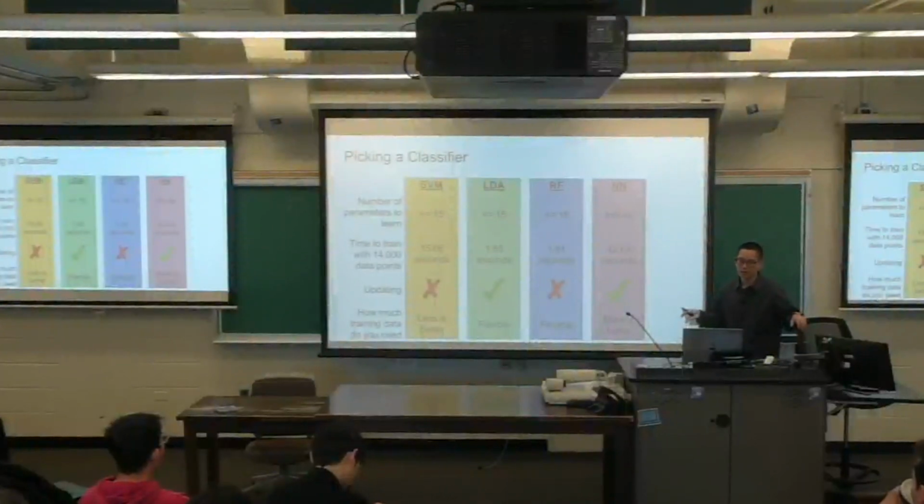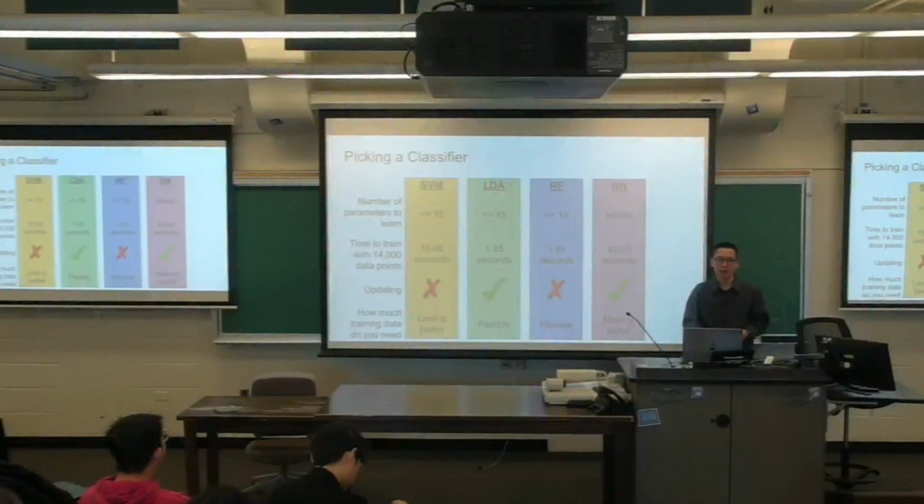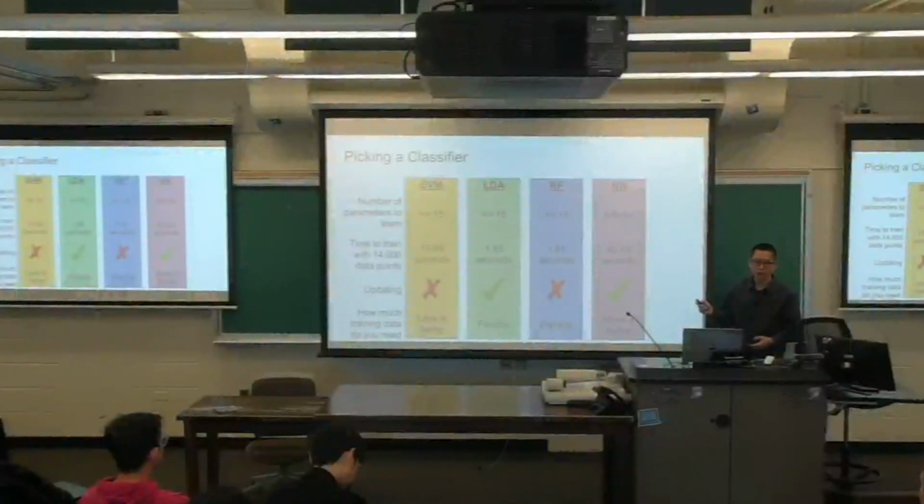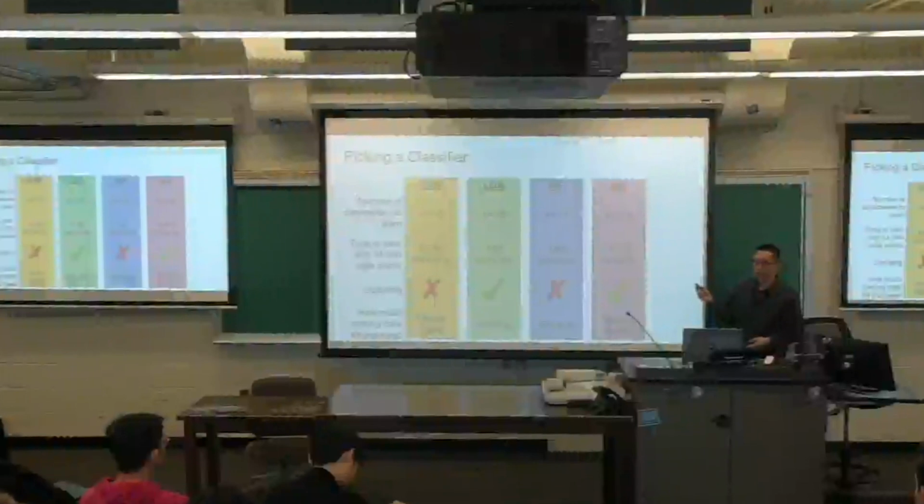It's optimizing the decision boundary such that the margin between the two classes is maximized. And LDA is linear discriminant analysis, which is fitting Gaussian distributions for different classes. And then RF is short for random forest, which is an ensemble of decision trees. And then neural network, last but not least, probably the most popular method in the list.